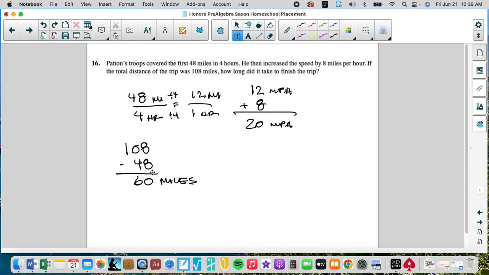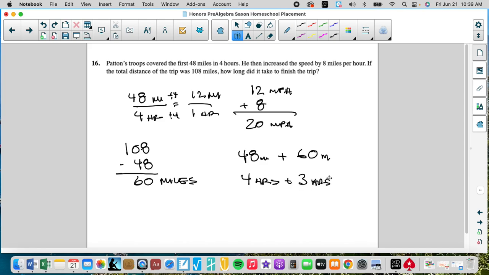Well, if he travels 20 miles in 1 hour, he'll travel 40 miles in 2 hours and 60 miles in 3 hours. So it took him 3 hours to go that 60 miles. So the first 48, it took him 4 hours. And then the additional 60 miles, that took him 3 hours.